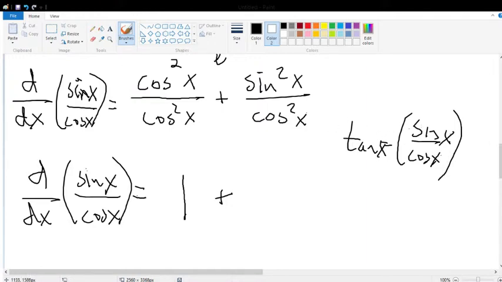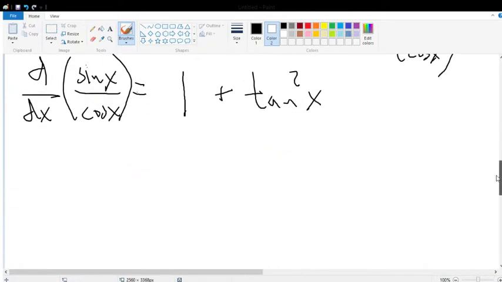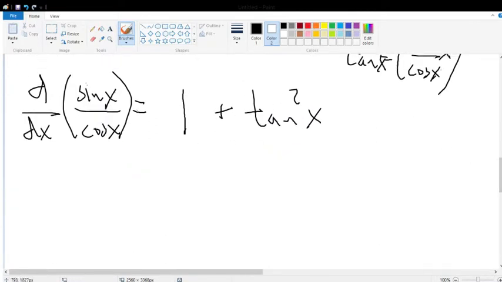So if tangent of x is equal to sine of x over cosine of x, then tangent squared of x is this squared, which is what we have here. So 1 plus tangent squared of x. You should be able to get to this point, at the very least. It's okay if you didn't know that 1 plus tangent squared of x is actually equal to this right here.